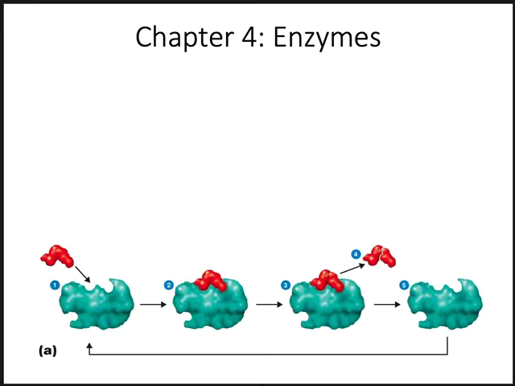And in fact, you'll see that with glucose metabolism in our next lecture. Okay, so enzymes can put things together, break things apart, or rearrange things. Okay? So proteins that catalyze a reaction is the definition of an enzyme.